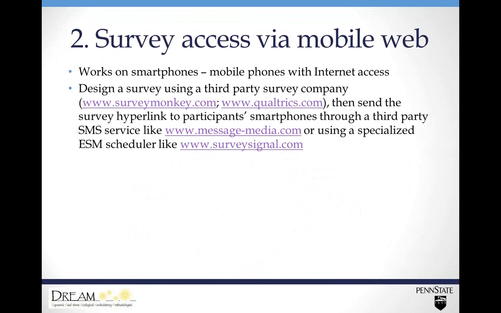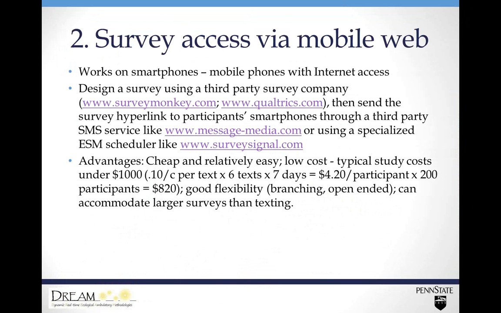What you need from that is the hyperlink. You then send that hyperlink to participants' smartphones. There again, you could use the same SMS service like I showed before, Message Media, or there are some pretty cool specialized companies like Survey Signal, which I'll tell you about.